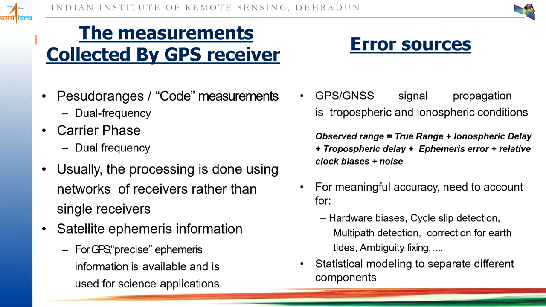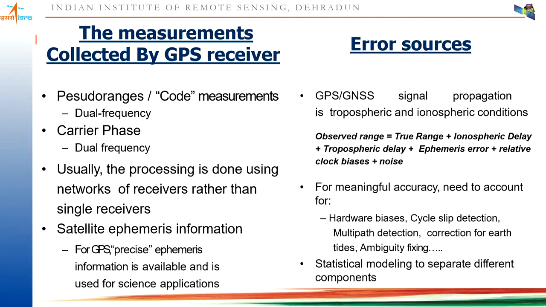The satellite sends a signal at a particular time t, and it is received by the receiver at another time, t plus delta t. So t plus delta t minus t is delta t, and delta t multiplied by the velocity of light, c, gives the range.